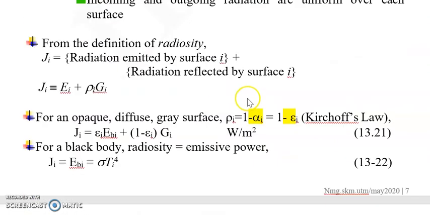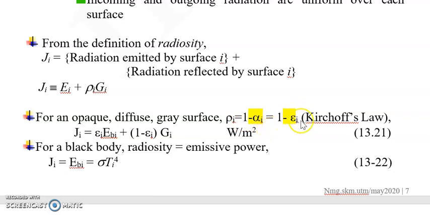Now, from the definition of radiosity, the summation of radiation emitted by the surface and radiation reflected by the surface, we have this equation. For an opaque, diffuse, gray surface, we apply Kirchhoff's law. That is, the reflectivity is equal to 1 minus absorptivity, because the transmissivity is 0.